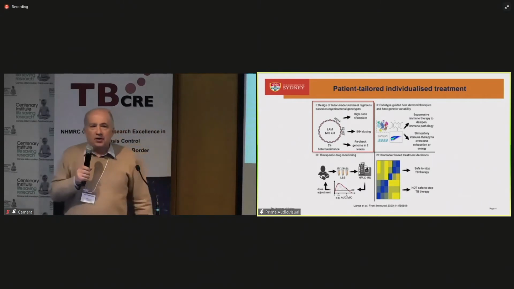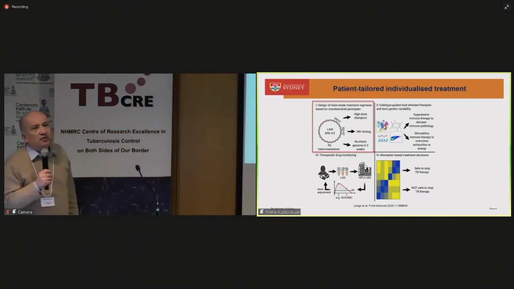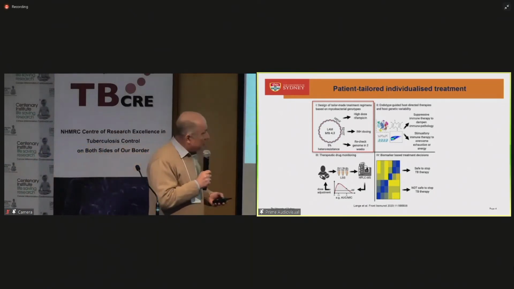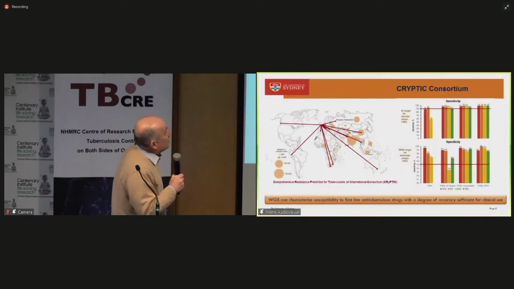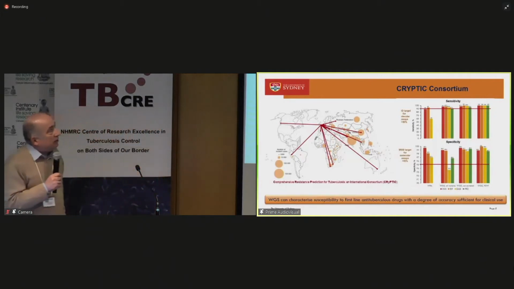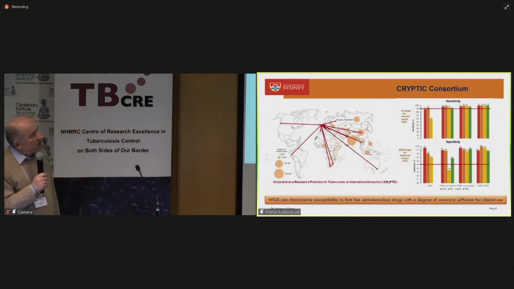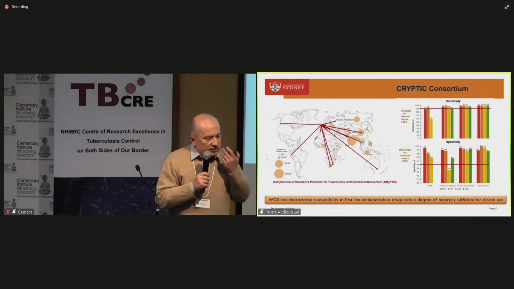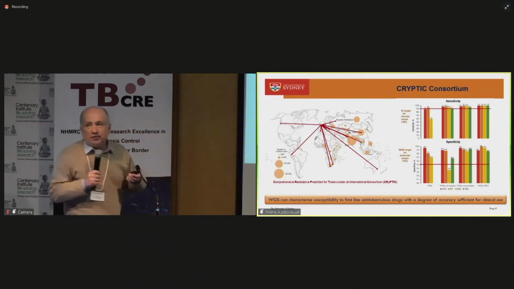And CRE has been really targeting many of these aspects in our efforts. The CRyPTIC Consortium is a fantastic example of international efforts to build catalogs of drug resistance mutations to enable this tailored therapy.